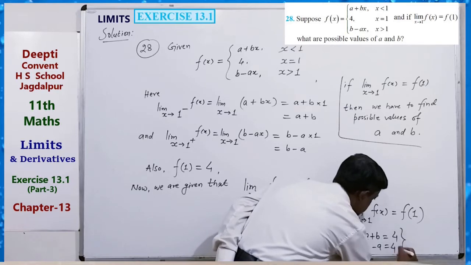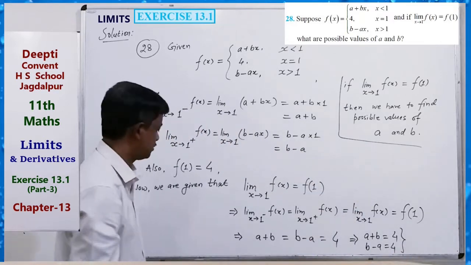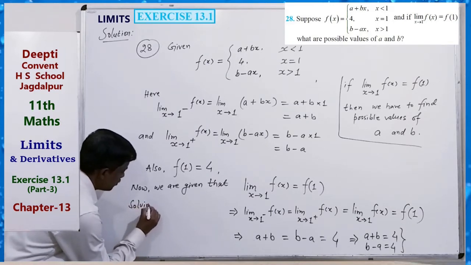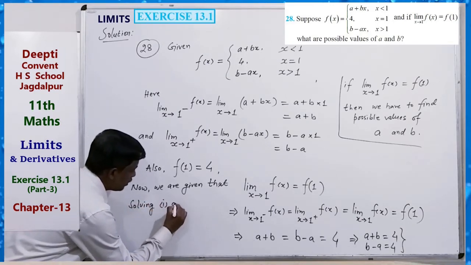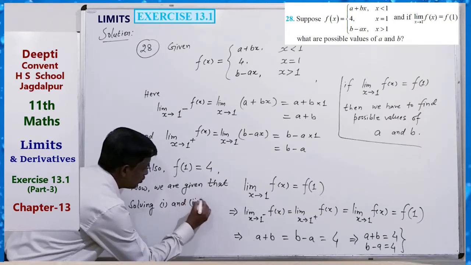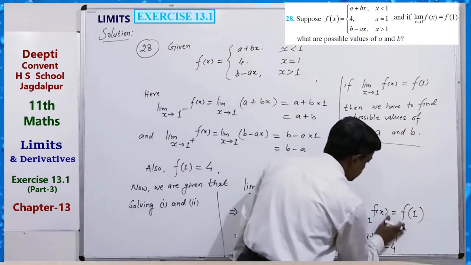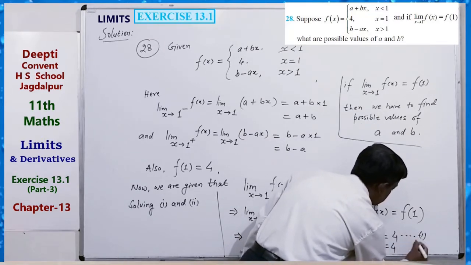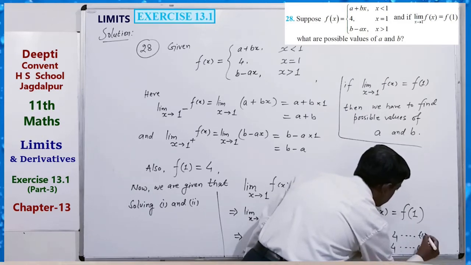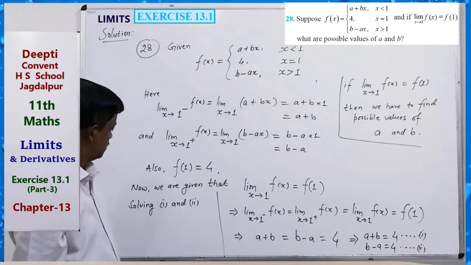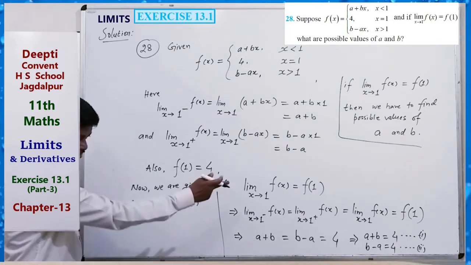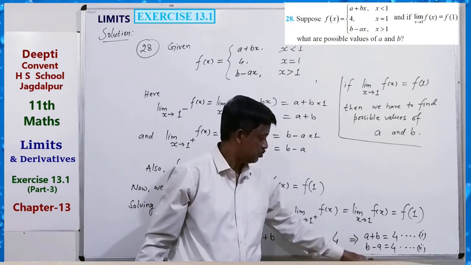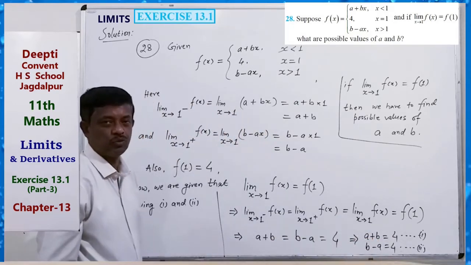Now solving these two equations, 1 and 2. Adding means a cancels. 2b equals 8, b equals 4.